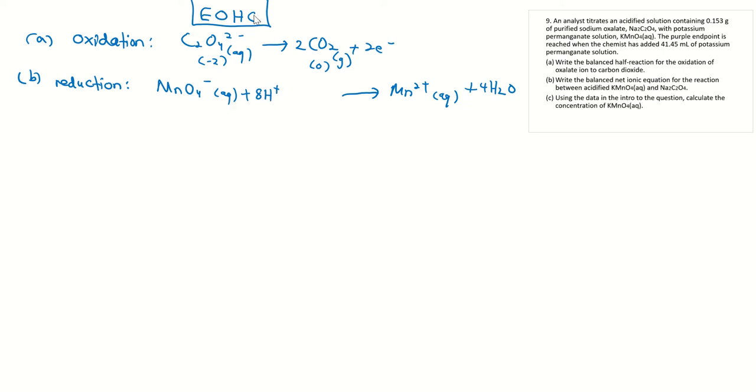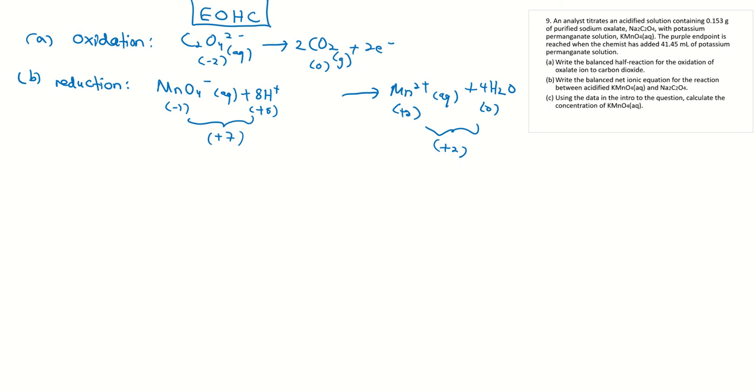Next, balance the charge. On the left this is negative 1 and positive 8, so the overall charge is positive 7. Meanwhile, on the right side this is positive 2 and 0, so the overall charge is positive 2. Now you need to add electrons to the more positive side, which is positive 7. How many electrons?